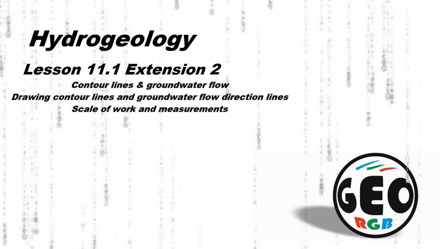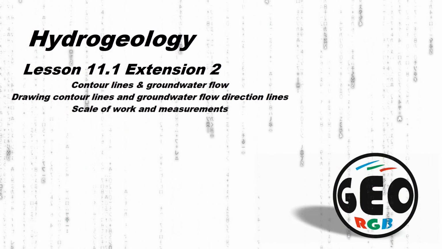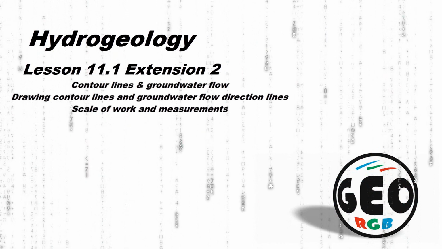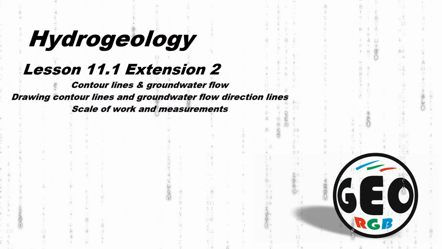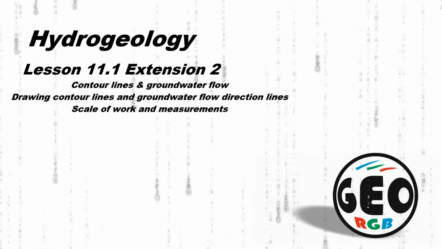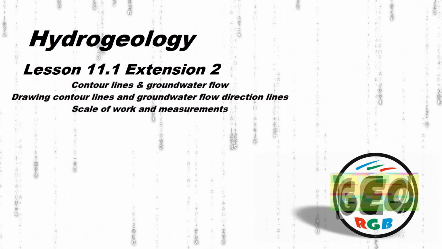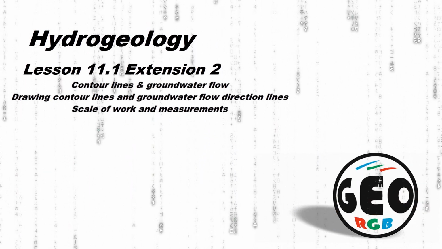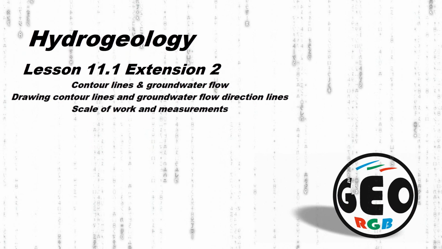Also, we are going to see why it's pretty important to make the groundwater flow direction lines perpendicular to the contour lines, and also we are going to be talking about a very interesting topic related with the scale of work and the measurements. Okay, then let's go to see it.